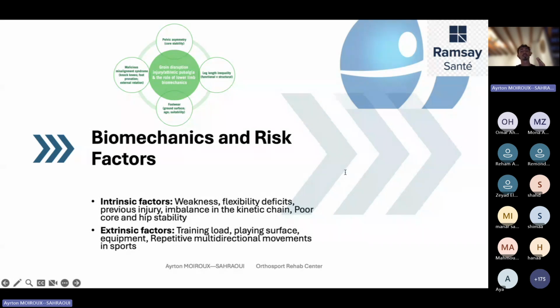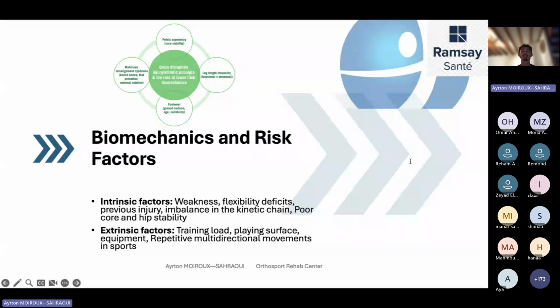Also, poor core and hip stability can be one of the elements that put the groin area at risk. The core muscles provide essential support to the trunk and the pelvis. If the core is weak or unstable, compensatory mechanisms may overload the groin muscles.